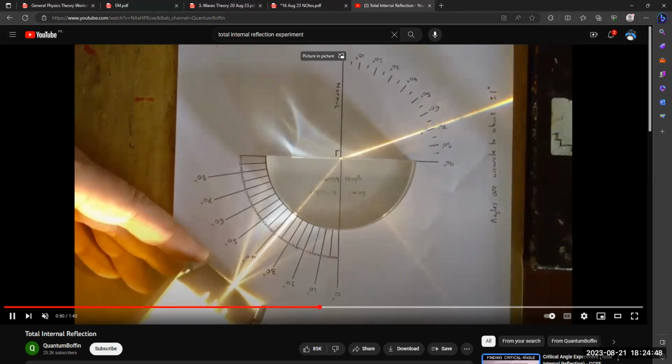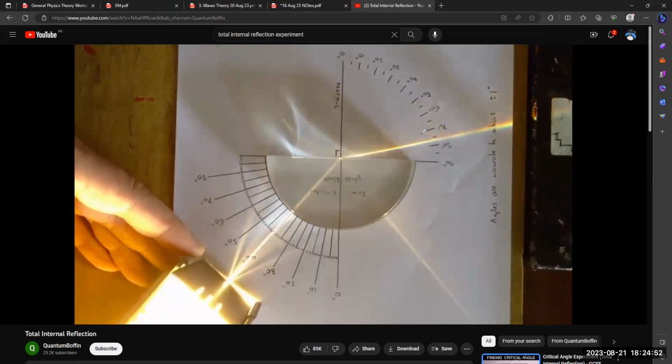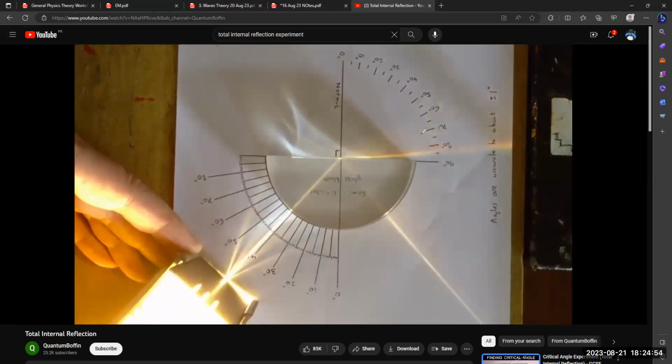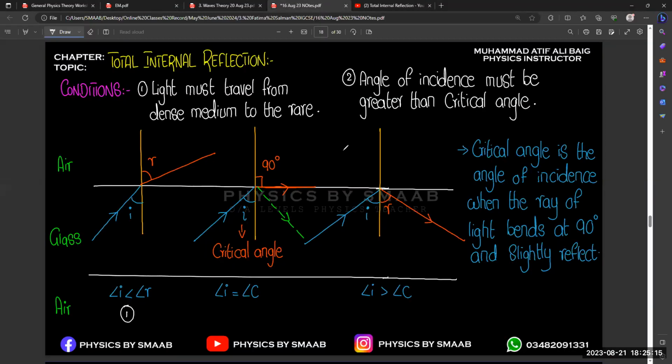So we still increase the angle of incidence till we get the 90-degree refraction. Now you can see that the refracted angle is almost at 90 degrees. So we got the angle of refraction at 90 degrees, and the light is still slightly reflecting from the glass material. So that is the example of the second situation.